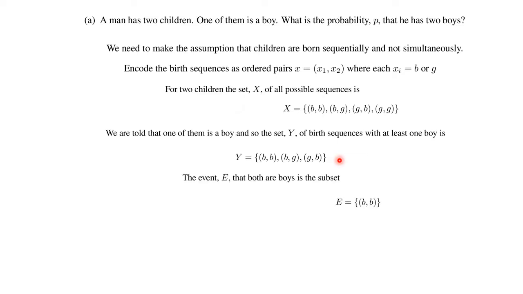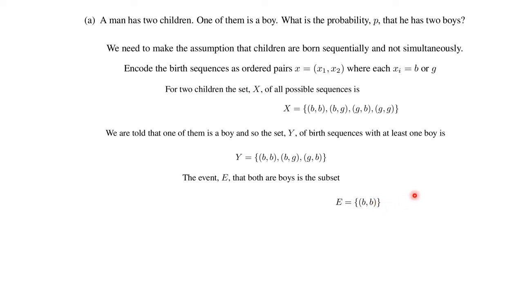We're looking for a particular event, the event that he has two boys. That is the subset of this sample space, the singleton here with this birth sequence, a boy and then a boy. Firstborn is a boy and the secondborn is a boy.